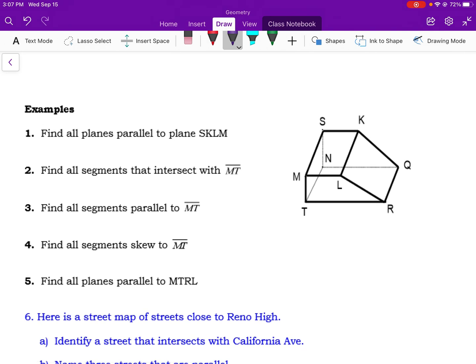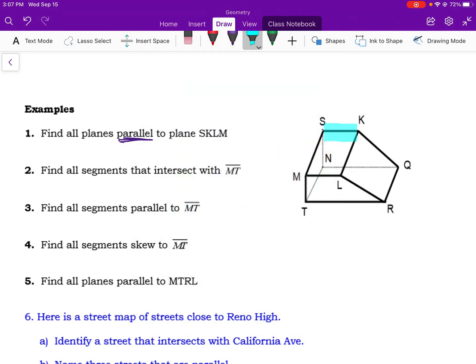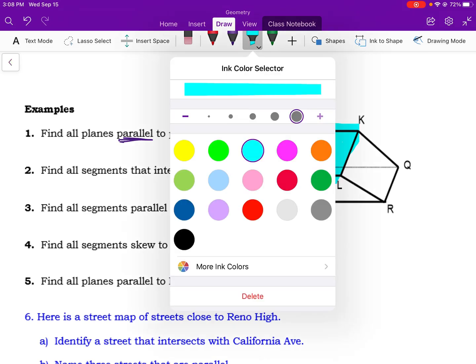So now let's look at a more complex diagram here and start to pick apart some details. We're being asked to find all of the planes that are parallel to plane SKLM. So let's highlight this one. SKLM would be the roof, so to speak, of this diagram. If I'm looking to find all of the planes that are parallel to this one, meaning they are equally far apart and they would never cross, there's actually only one in this diagram.